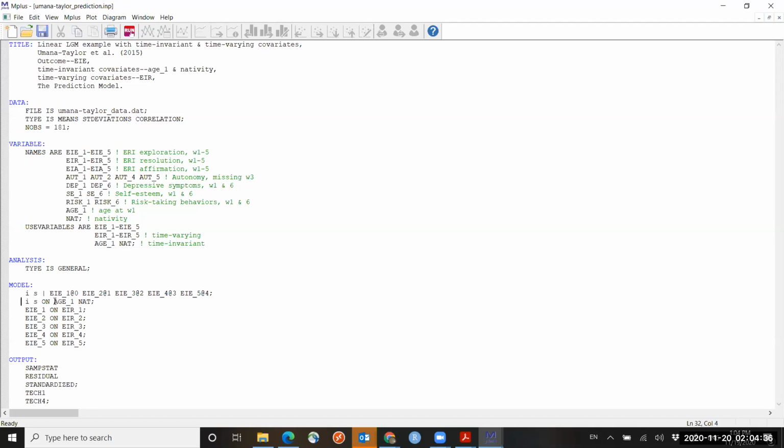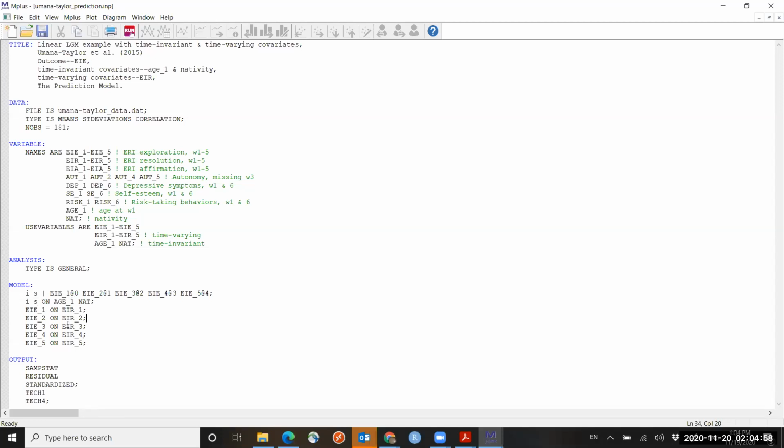So I'm using these two as predictors of the intercept and slope. So I just do I, S, age, and nativity. That's how we typically add time invariant predictors in a latent growth model.